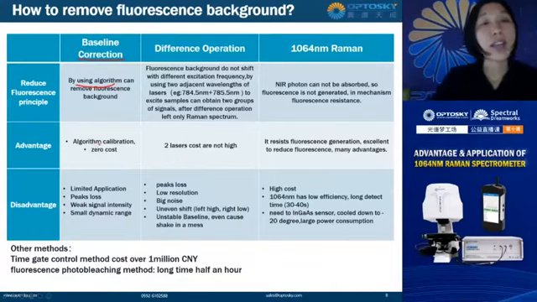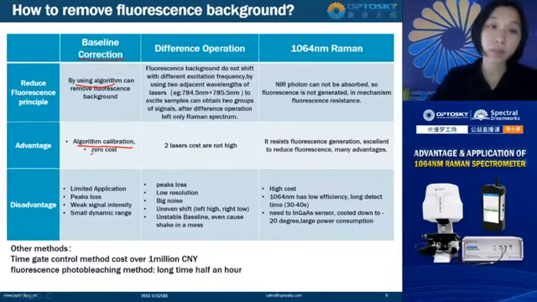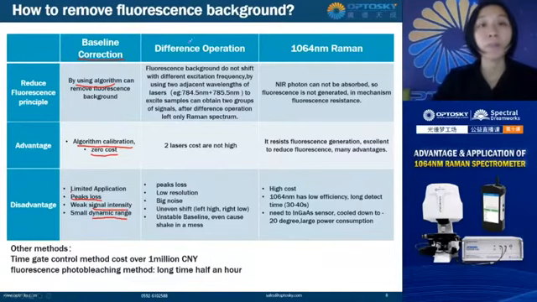The advantage of baseline correction is that it just uses an algorithm to detect the fluorescence background, so it's zero cost. However, the disadvantage is that it only works where peaks appear. Otherwise, if the peaks are overlapped by fluorescence, no peaks will be left, so it could cause peak loss. Also, as mentioned, signal intensity is weak and dynamic range is small.